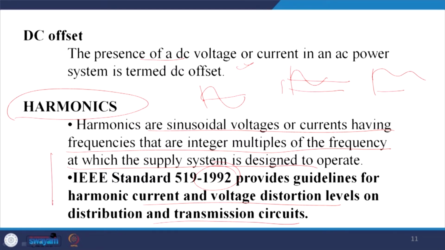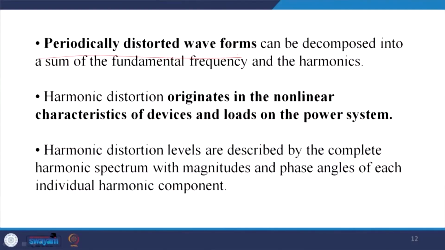This is generally a research guideline, and we have a separate guideline for each country, but generally it adheres to the IEEE standard. Periodically distorted waveforms, a very important distortion phenomenon, can be decomposed into the sum of the fundamental frequency and the harmonics.